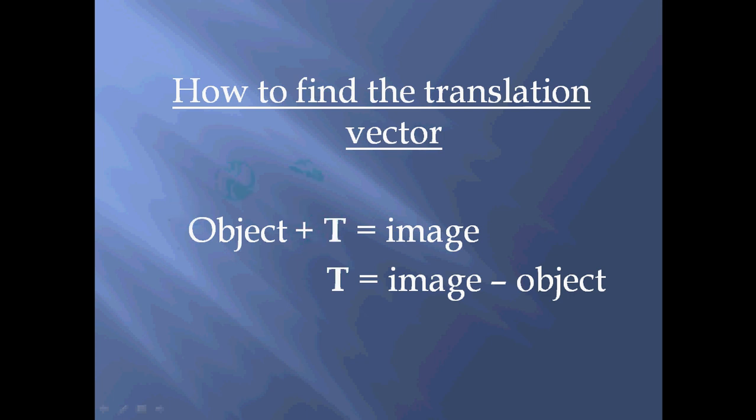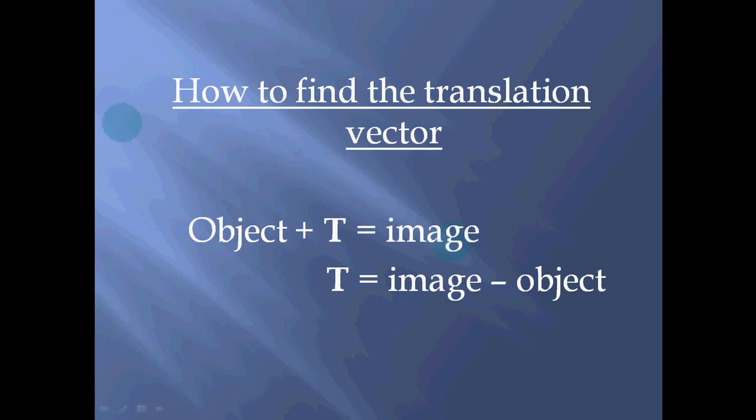So when you add the translation vector to the object point, which is mapping the points, we get the image point.